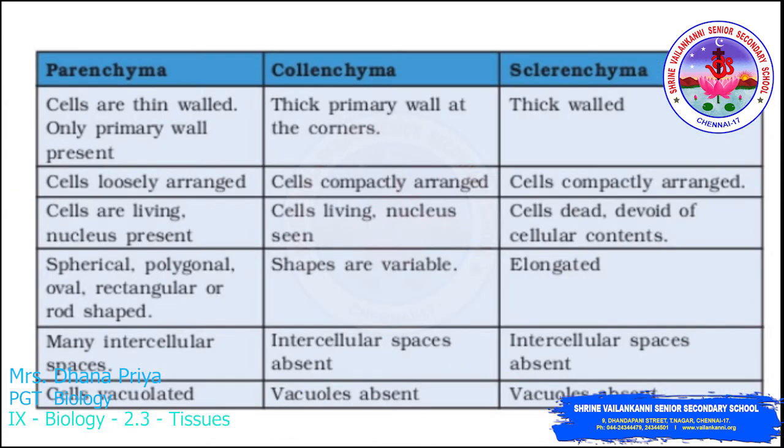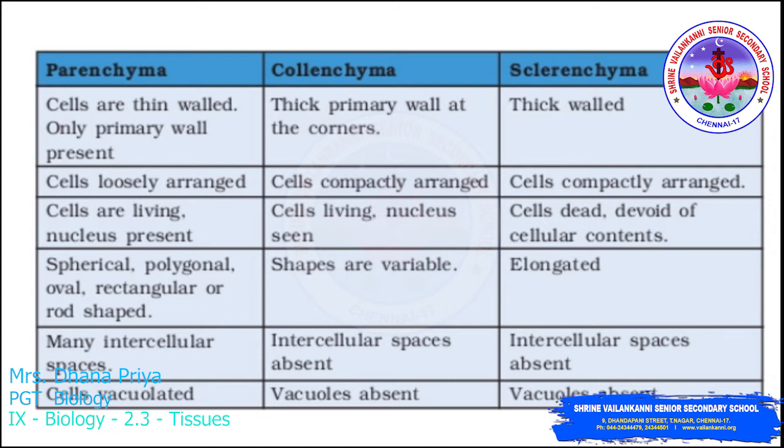Now we discuss some features of parenchyma, collenchyma and sclerenchyma. In parenchyma the cells are thin walled, only the primary wall present. In collenchyma, there is a thick primary wall at the corners. In sclerenchyma, it is thick walled.